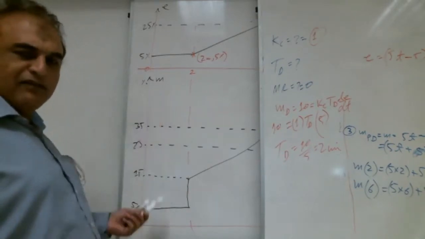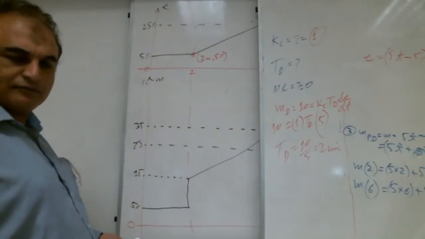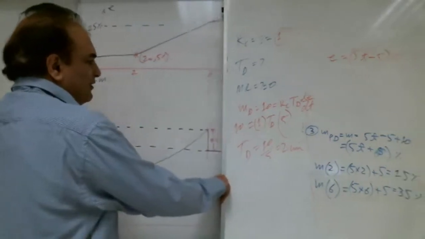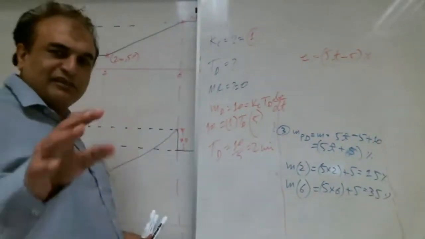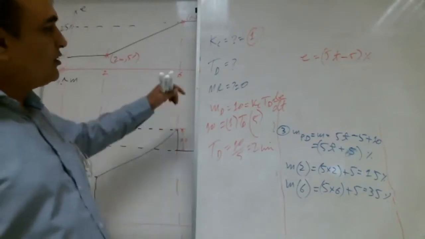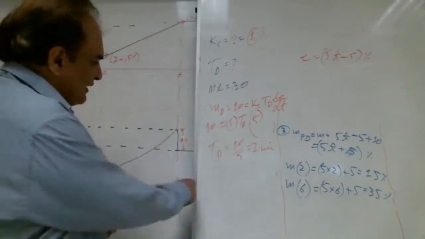So 5 divided by 5, how much? 1. Okay, thank you. You are welcome. No problem. This is good you ask the question. Don't keep questions with you. Shabab, please ask. So Kc is 1.